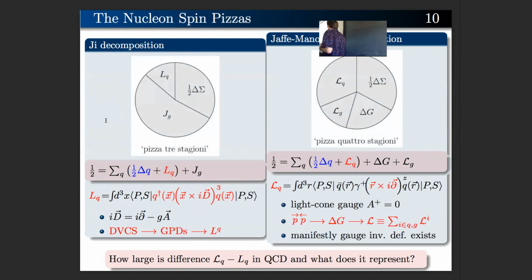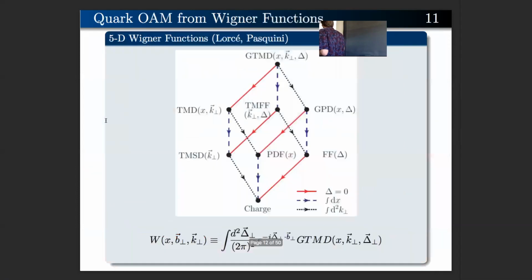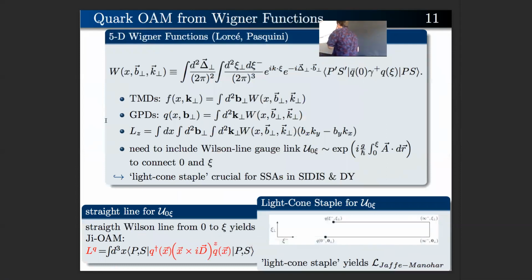Now, looking at the fact that we have two different decompositions, questions arise such as how significant is the difference between these two decompositions? The progress in this direction came based on Wigner distributions, because Wigner distributions allowed us to discuss both orbital angular momenta in the same framework, and that allowed us to directly see the difference between them.